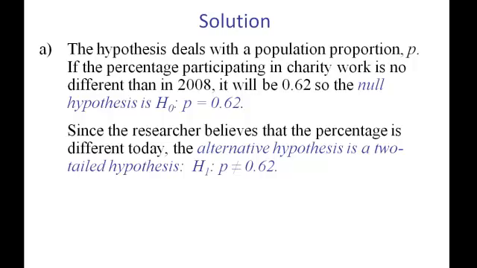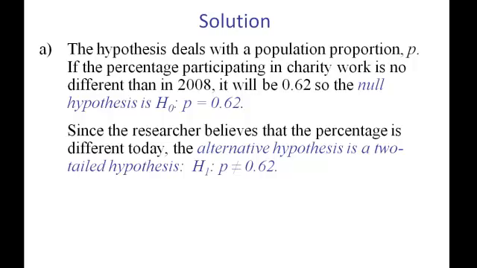Now, the hypothesis deals with a population proportion, P. If there's been no change since 2008, then the proportion is still 0.62. So our null hypothesis is written as H0, P equals 0.62. Now note, by the way, that when our question is about a percentage, we'll usually write it as a proportion between 0 and 1.